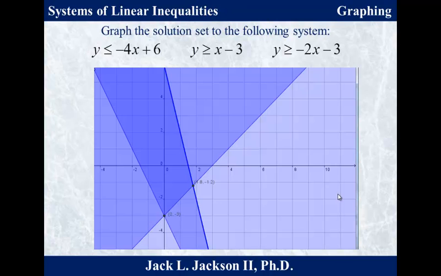Alright, this one is an unbounded region, and it's the triple shaded region right here. Let's see, if we graph, it has closed boundaries on it all the way around, but we have y equals negative 4x plus 6.